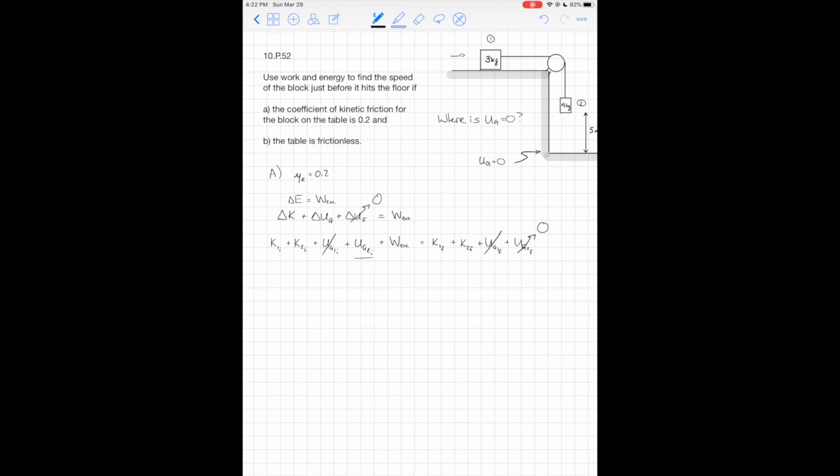Lastly, I need to consider the initial and final kinetic energies of these blocks. The initial kinetic energy of this system is 0, right? We're considering it just before we let go of the system and letting it kind of go into motion. So both of these terms are 0. And then when we consider the final kinetic energies, they have to be moving at the same velocity.